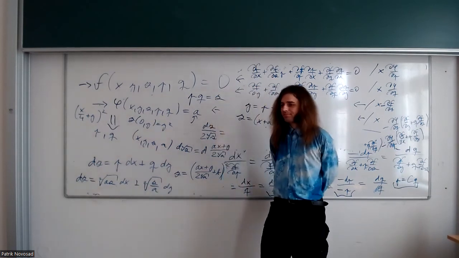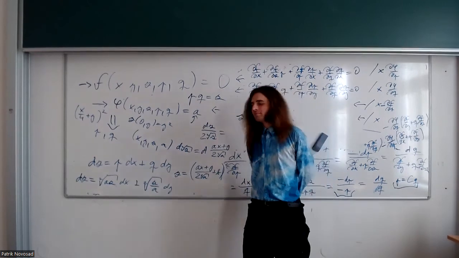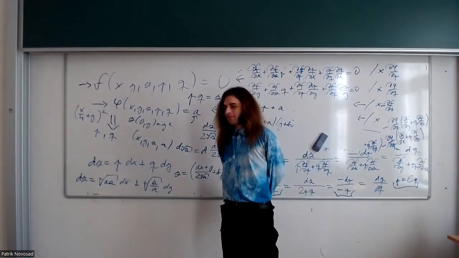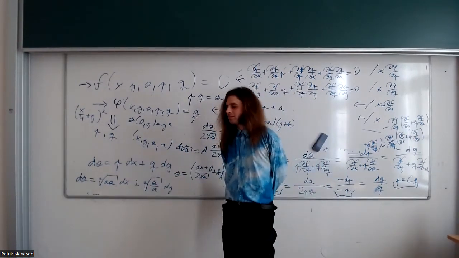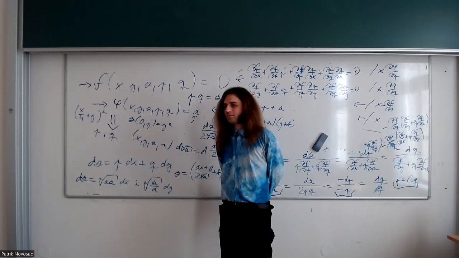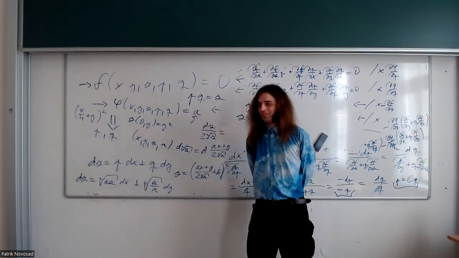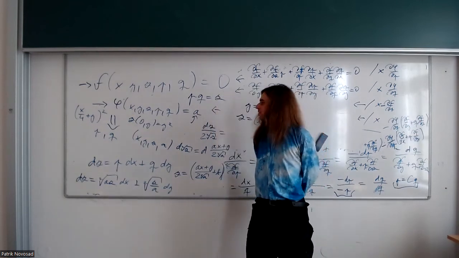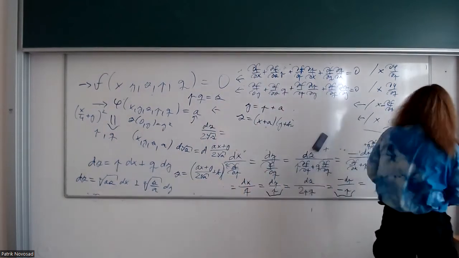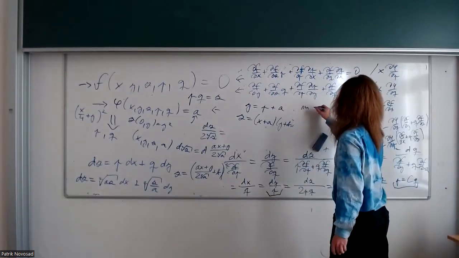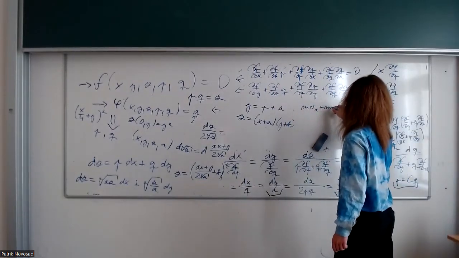I will take the Hamilton-Jacobi equation for a free particle, and there I already know at least two different complete integrals. So, for example, one could try to transform one into the other.